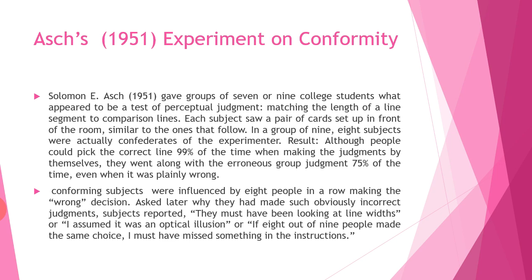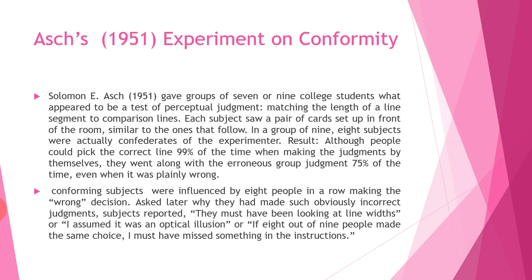The result was that although people could pick the correct line 99% of the time when making the judgments by themselves, they went along with the erroneous group judgment 75% of the time, even when it was plainly wrong. One of the 3 lines at the right is equal to the standard line at the left. The original participant should decide which line is equal to the standard line.